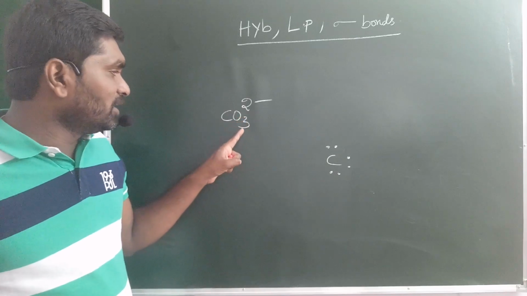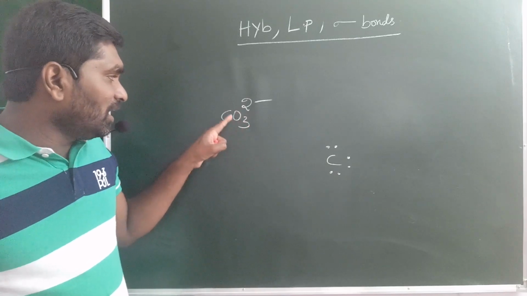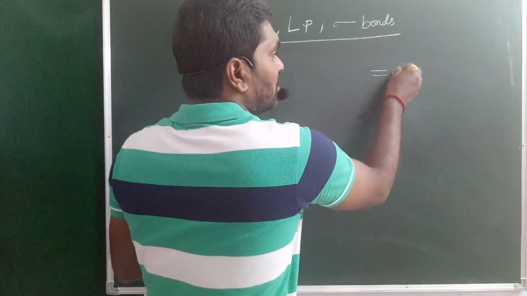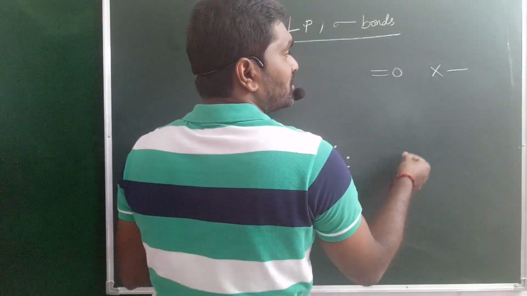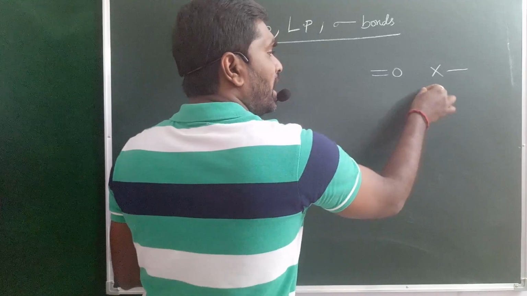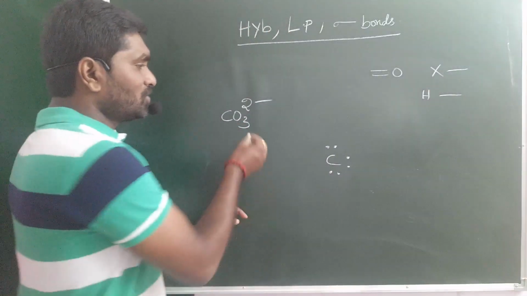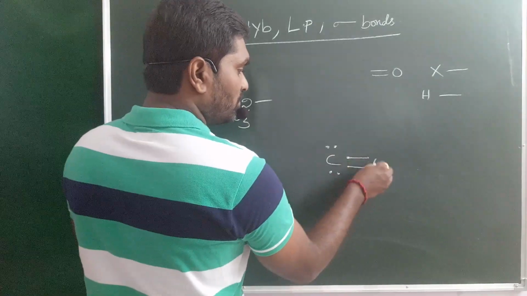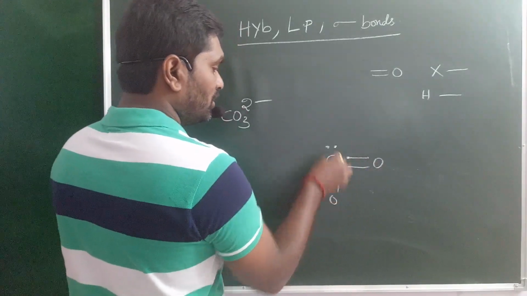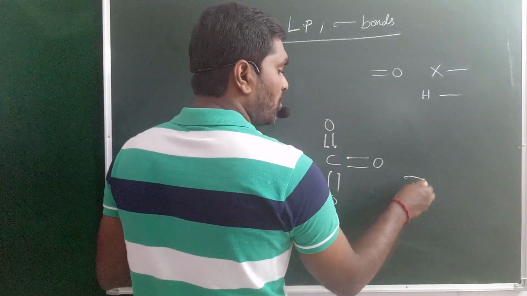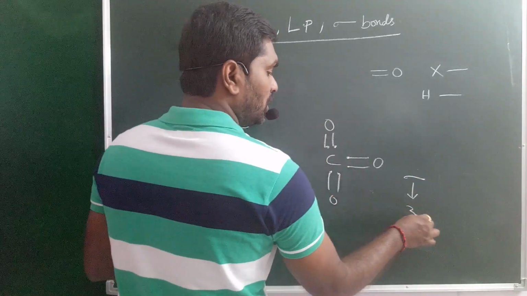And remaining, look at this one. The 3 oxygen atoms may form double bonds. Halogen may form single bonds. Hydrogen may also form only a single sigma bond. So the 3 oxygen atoms may form 3 double bonds with the 6 electrons. So the total number of sigma bonds is 1, 2, 3.